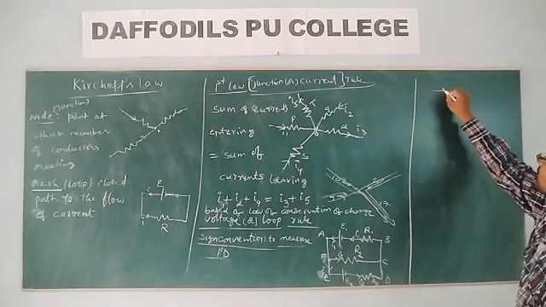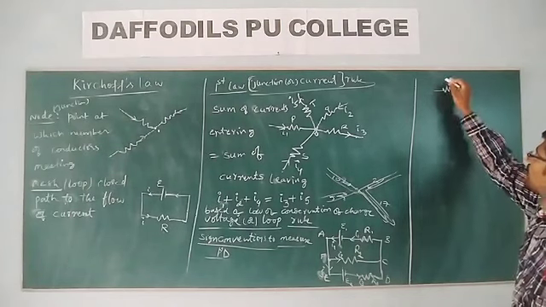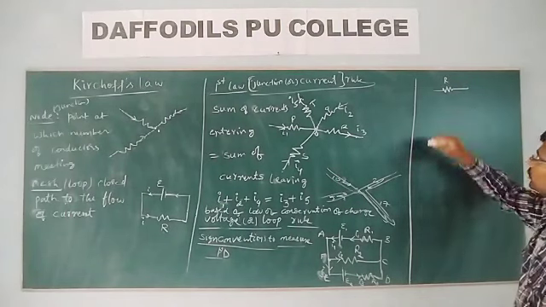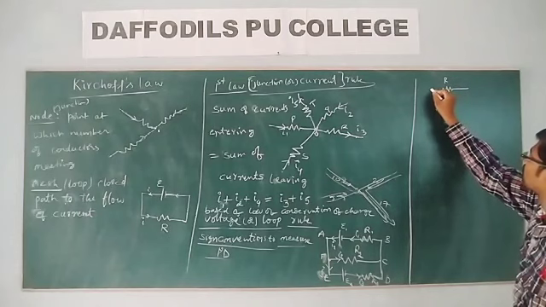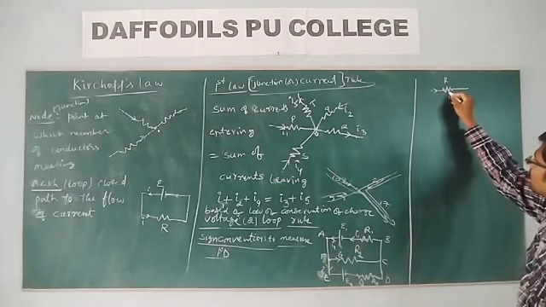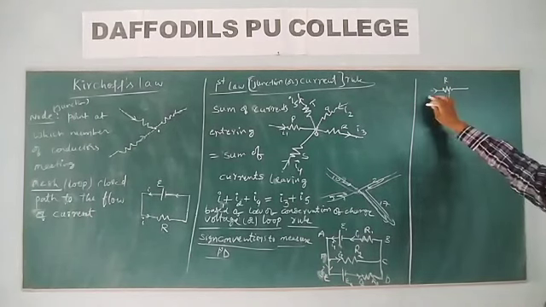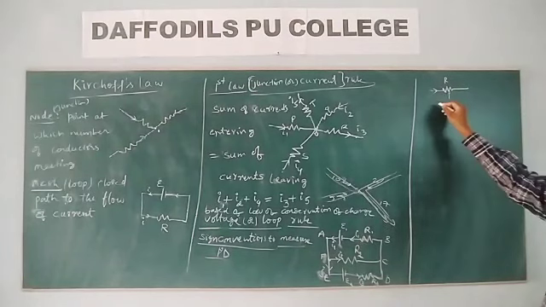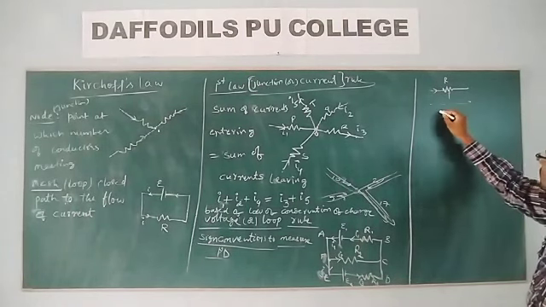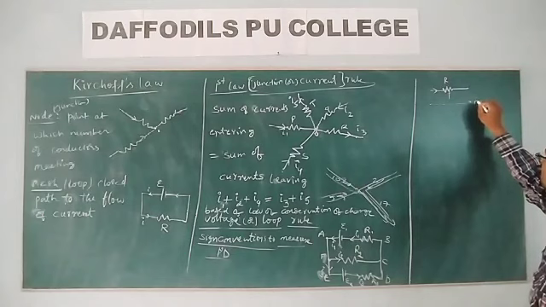When we have a resistor R, this is the direction of the current in the resistor, and this is the direction of measurement.